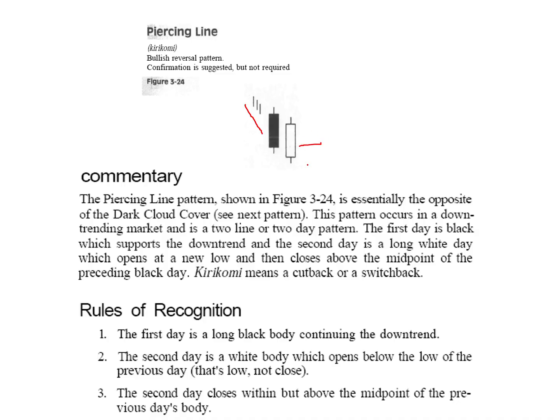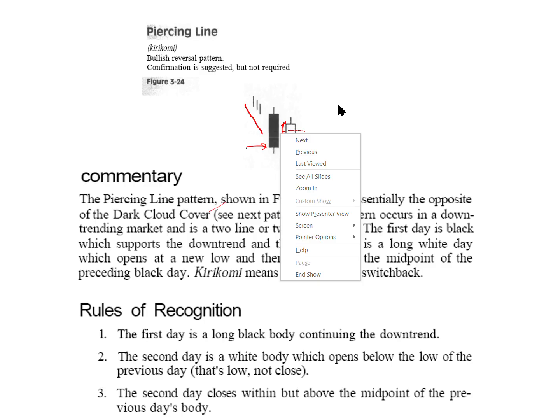This is the second day, a long white day, which opens at a new low and then closes above the midpoint of the preceding black day. So here it opens at a new low, and then prices keep climbing, and it closes above the midpoint of the previous black day. So somewhere here is the midpoint.